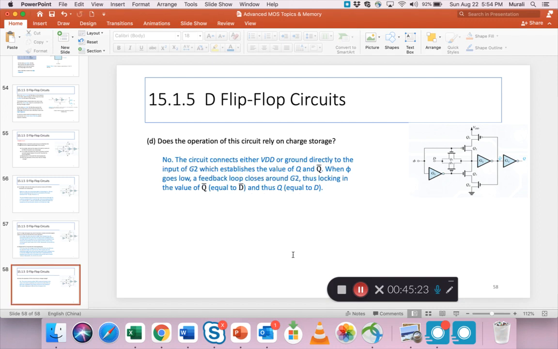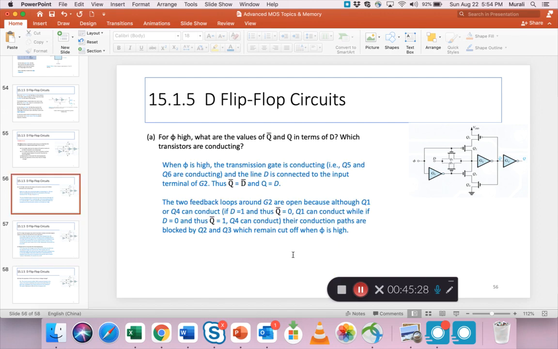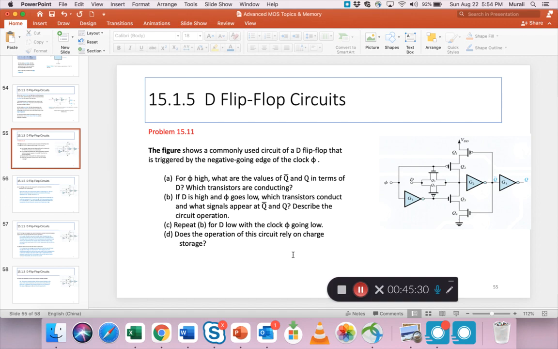So read it at your leisure. Again, not a very important topic from an exam point of view, but if you want to learn what the difference is between a D flip-flop with a rising edge triggered clock versus a D flip-flop with a falling edge triggered clock, then this problem gives you the answer.